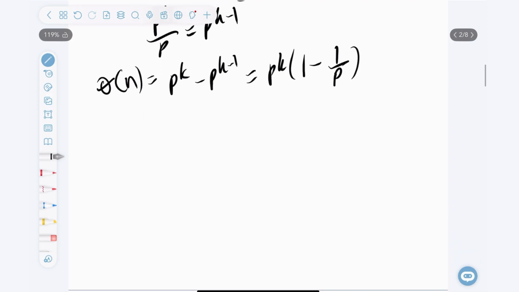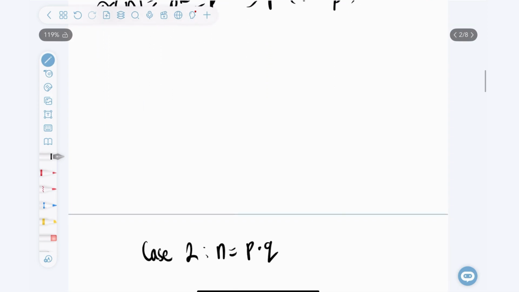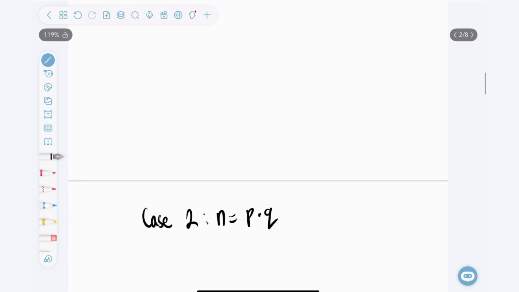We can also prove this where n equals multiple distinct primes. So in this case, let's look at where n equals p times q, where p and q are distinct primes. First we note that there are n equals pq total numbers from 1 to n.